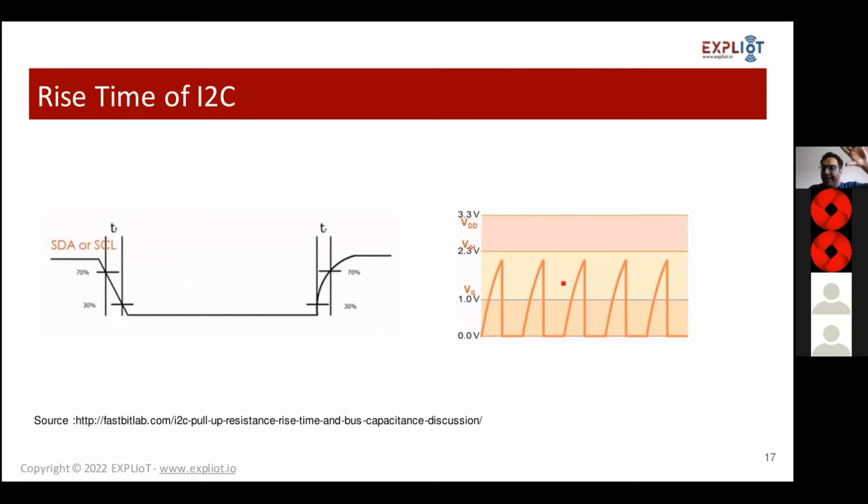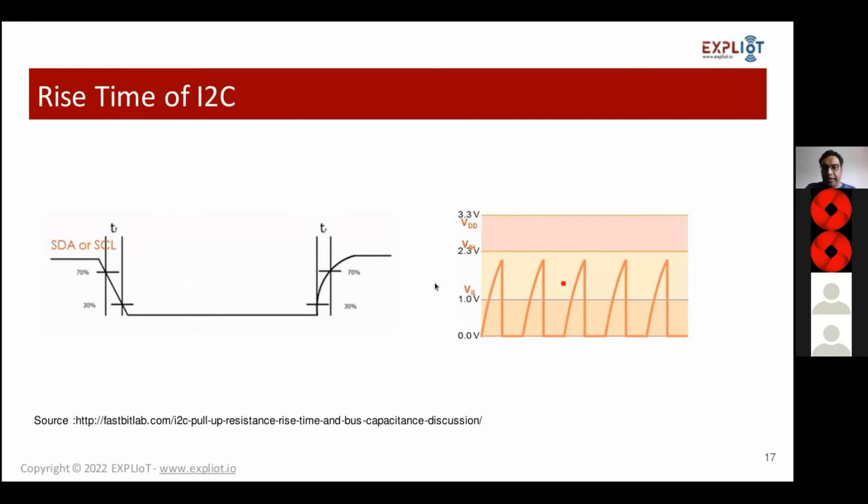Eventually, if I have higher resistance and higher capacitance, and the timing is inversely proportional to 1 by RC, what will happen? The voltage that rises over a period of time will be less than the actual 70%.